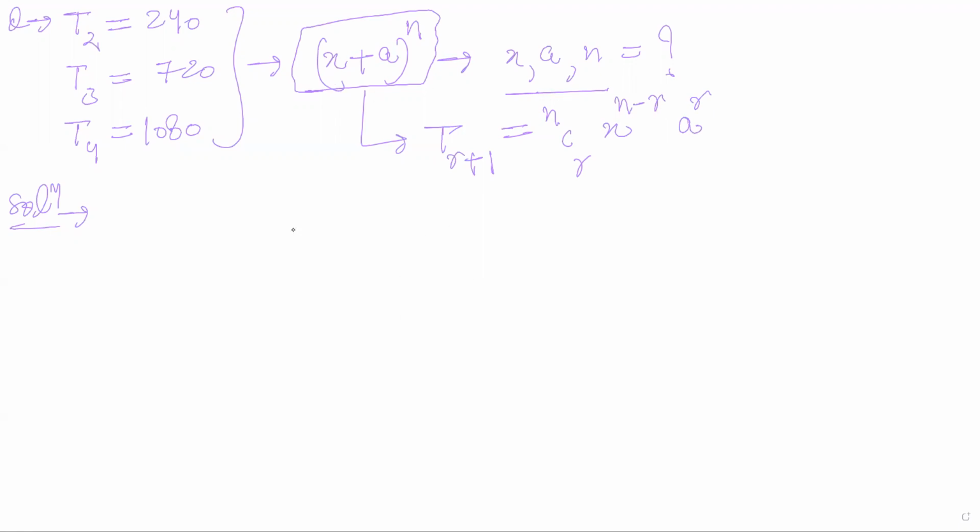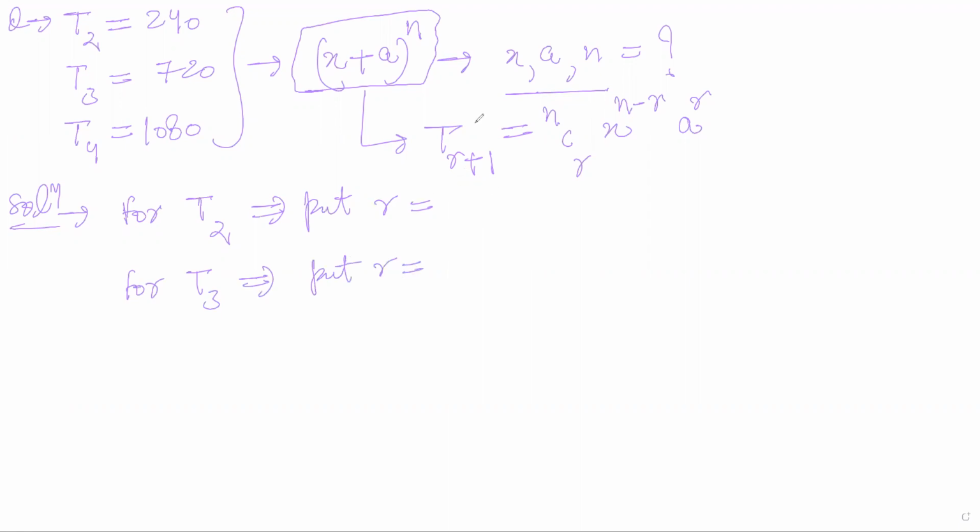Yeah. So now I want to find out T2, T3, and T4. To find out T2, what should I put r as? What should be the value of r for T2? Why 3?